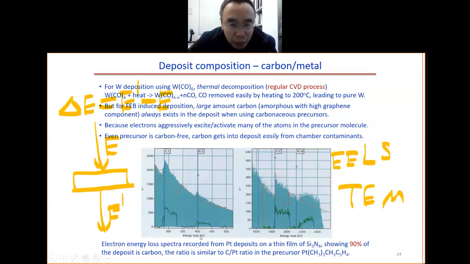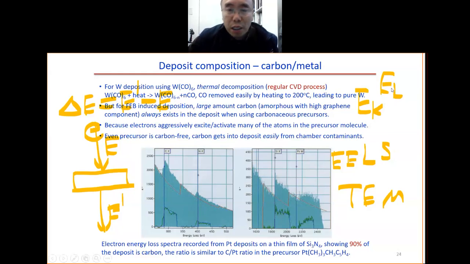So this is the energy loss. Where is this energy lost? This energy is lost to kick out an inner shell electron. You have the inner shell electron. When this electron kicks out an inner shell electron, it will lose energy. The energy needed to kick out an inner shell electron is, for example, EK or maybe EL, over the K shell, or the L shell, over the material.